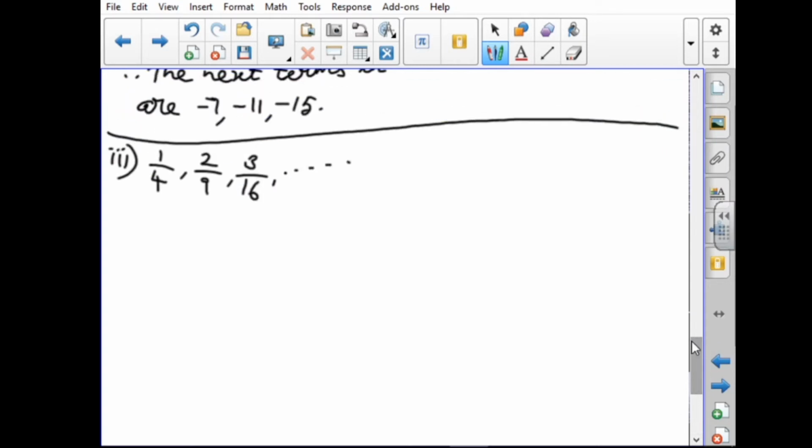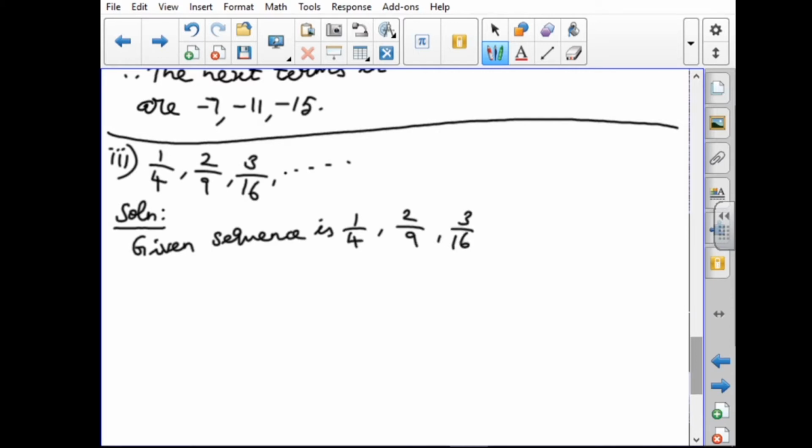We have to find out another 3 terms. Here also we have to see. They have given the fraction, means first we have to consider the numerator, then we have to consider the denominator. First you have to write given sequence is 1 by 4, 2 by 9, 3 by 16, etc.